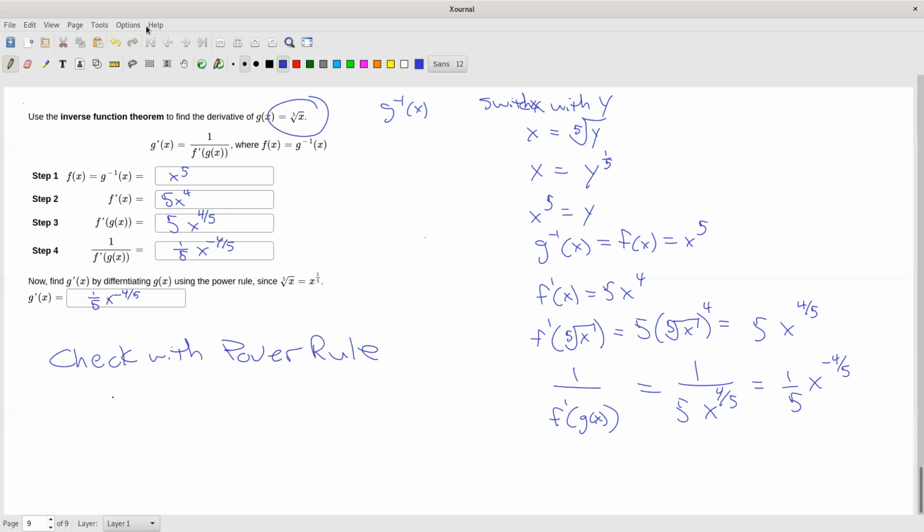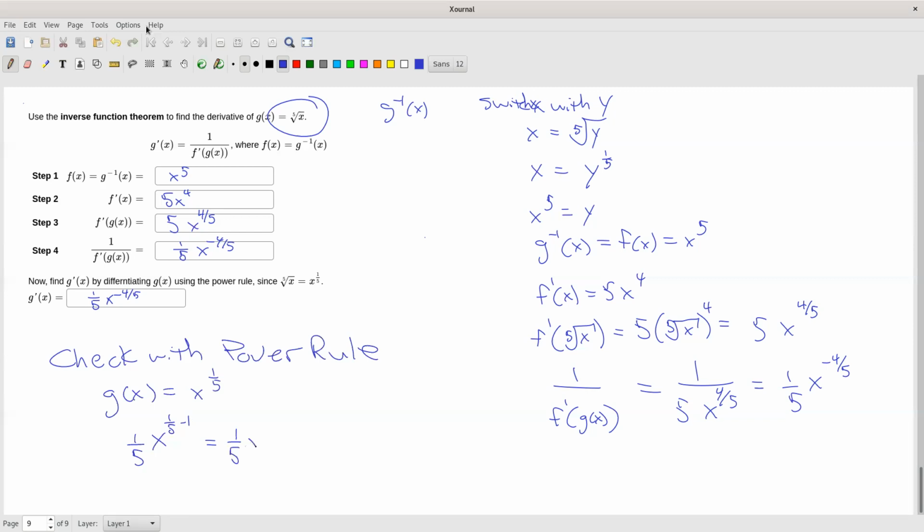So that would be G of X is equal to X to the 1/5 power. And if we assume the power rule applies, even though that's not a whole number, power rule says take the power down, keep the base, and then take 1 away from that power. 1/5 minus 1, well, 1 is 5/5. 1/5 minus 5/5 would be negative 4/5.